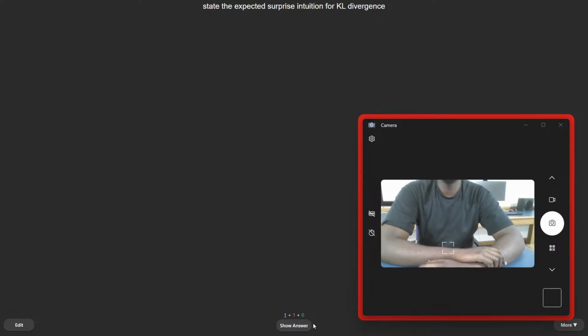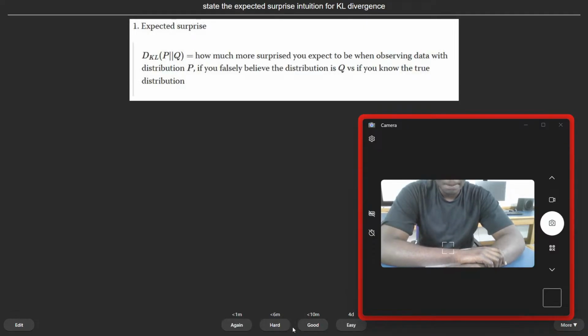We say the true distribution is P, and if we believe falsely that the distribution is Q, then the KL divergence will be the difference in surprise between what we get, assuming that the distribution is Q, and the expected surprise that we would get if we had the correct belief, which is that the distribution is P. Yeah, I think that's a reasonable explanation of it.